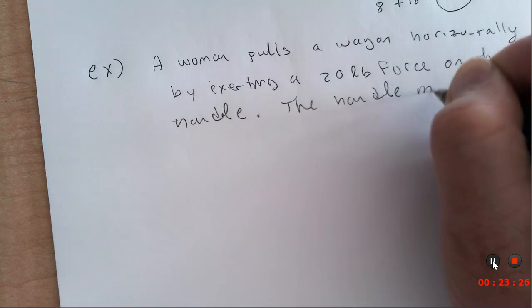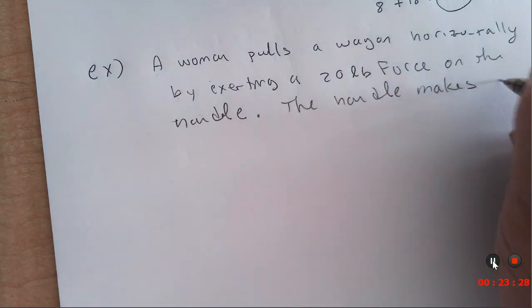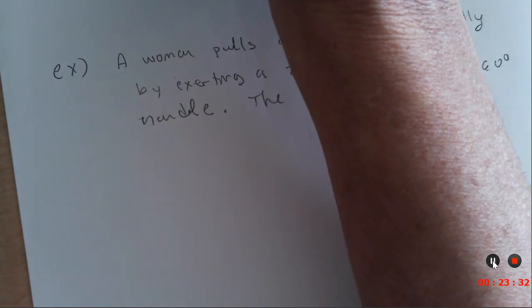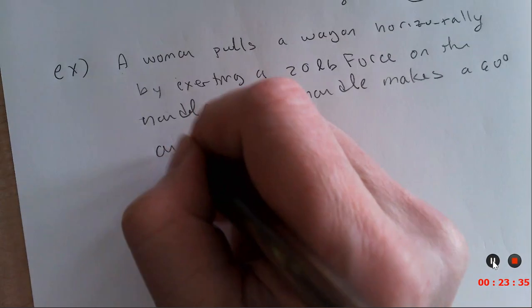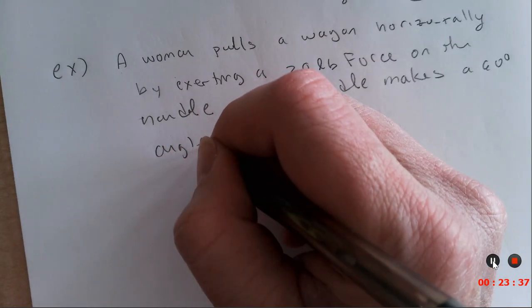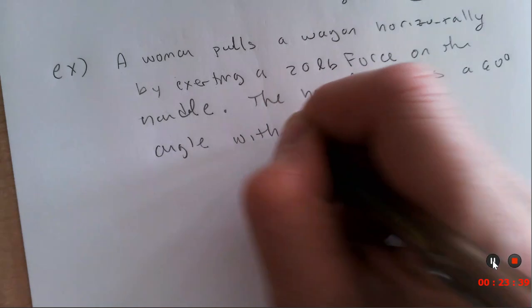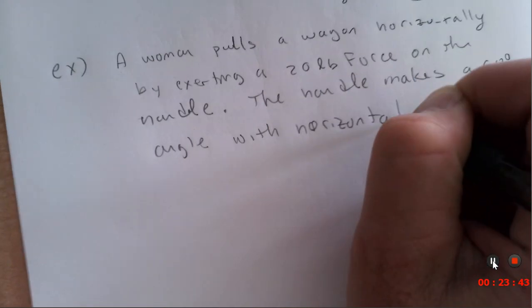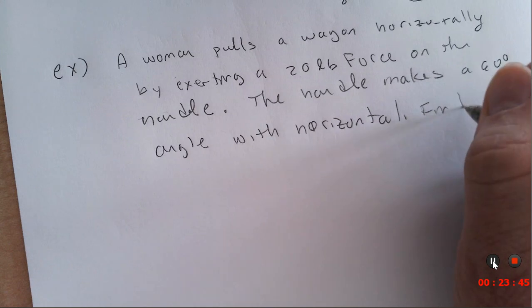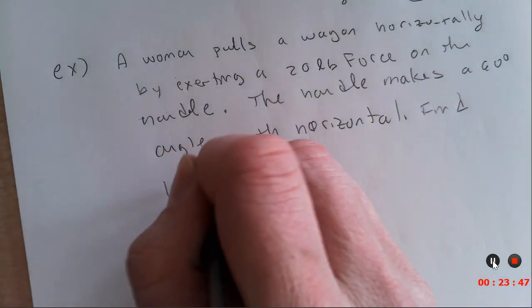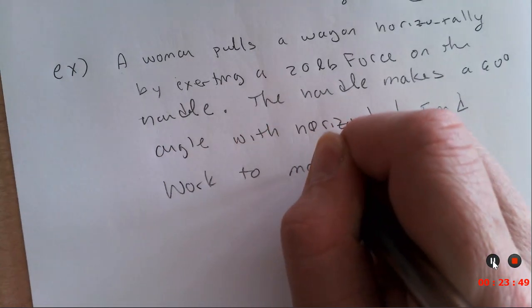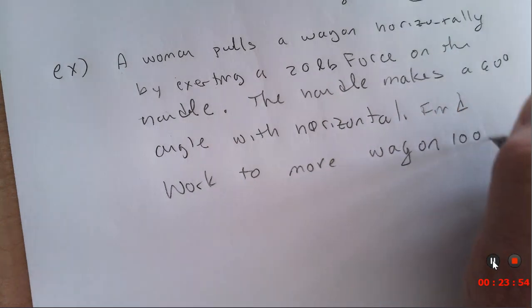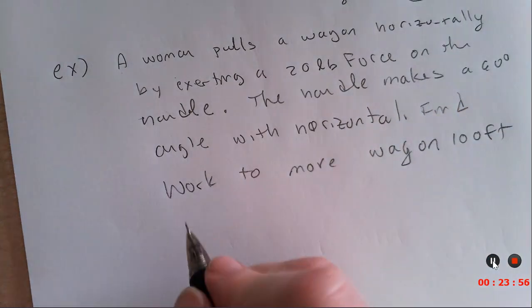The handle makes a 60-degree angle with the horizontal. Find the work to move the wagon 100 feet.